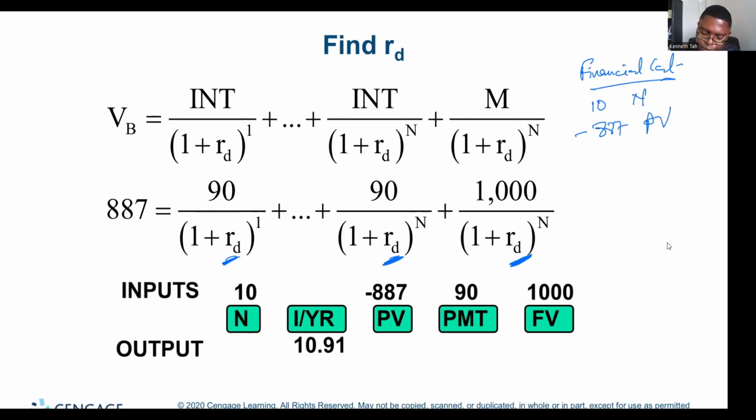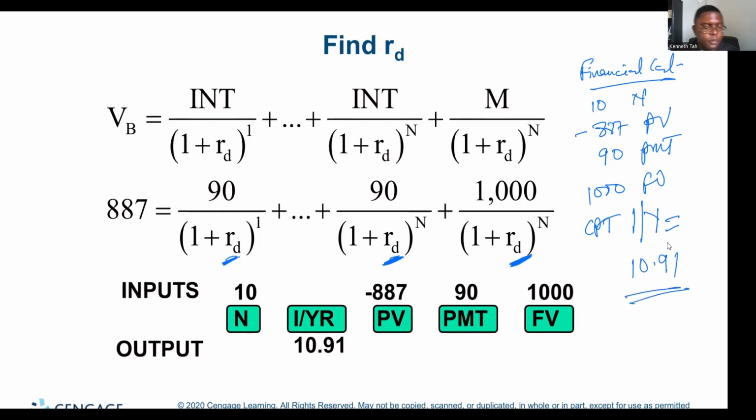We can type 90, which is the payment. Then 1,000, which is the future value. Compute for us the interest rate or the yield, I/Y, and the calculator will give us 10.91.